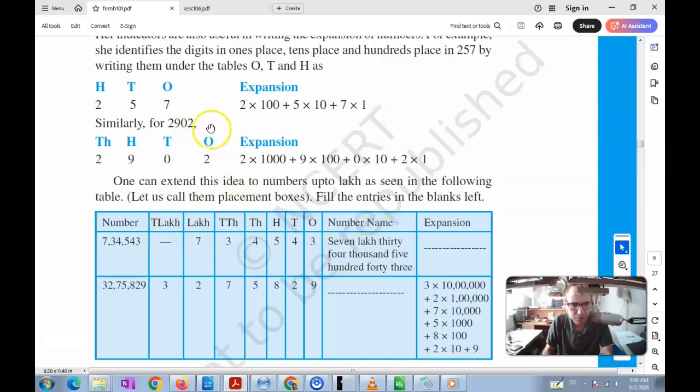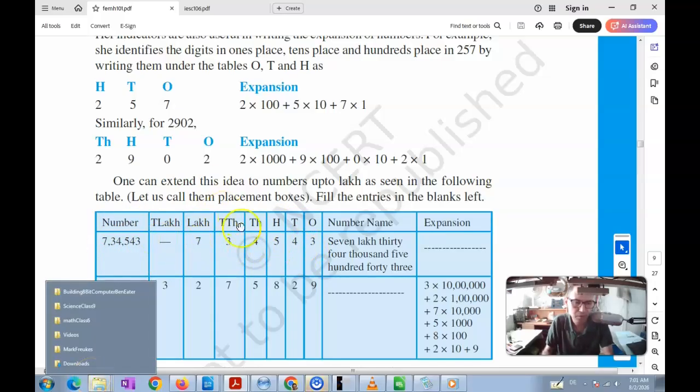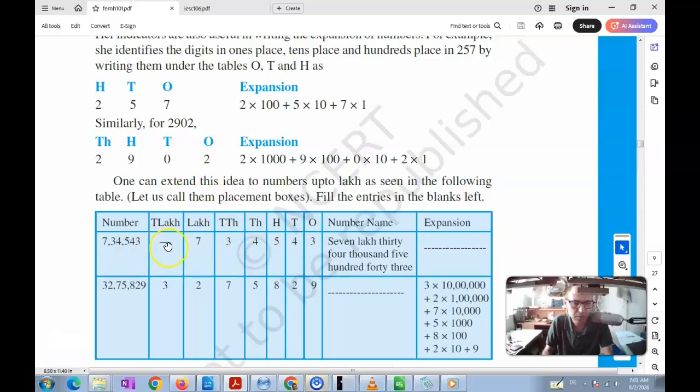Also, you can use the same table this way, meaning that the ones, the tens, the hundreds, and so on, these place values, you can write them in a table, and then write down your number under the appropriate headings, and then of course you can write the number name in words over here, and you can do an expansion of the number over here.